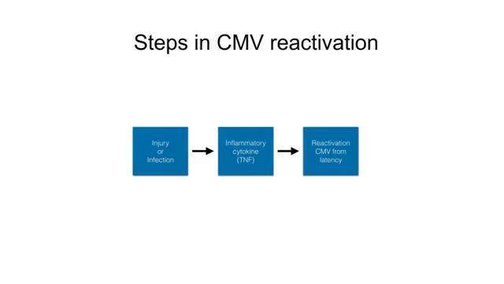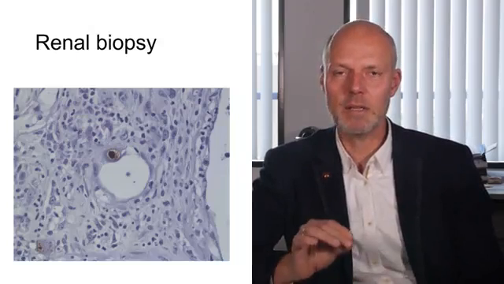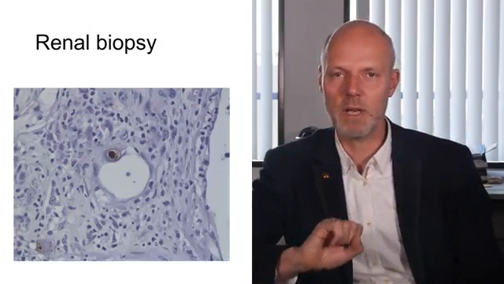Injury, be it through ischemia, inflammation or infection, can act as a trigger for reactivation of CMV from latency. On the cellular level, this translates to any process leading to the release of the inflammatory cytokine TNF. So what are the consequences of CMV reactivation? Replicating CMV causes a viral vasculitis.